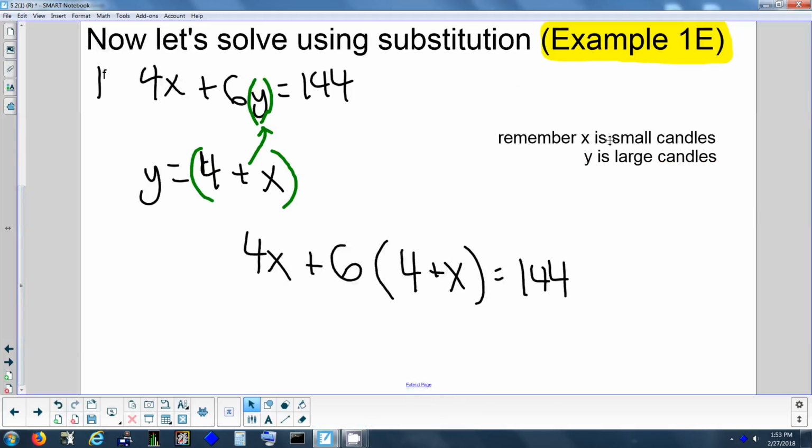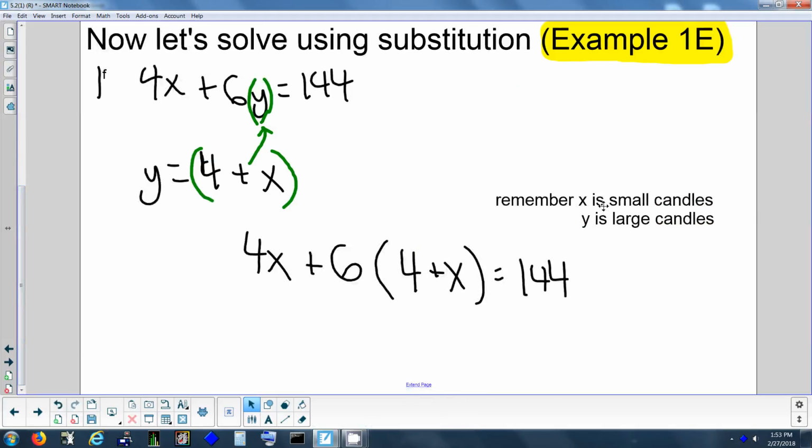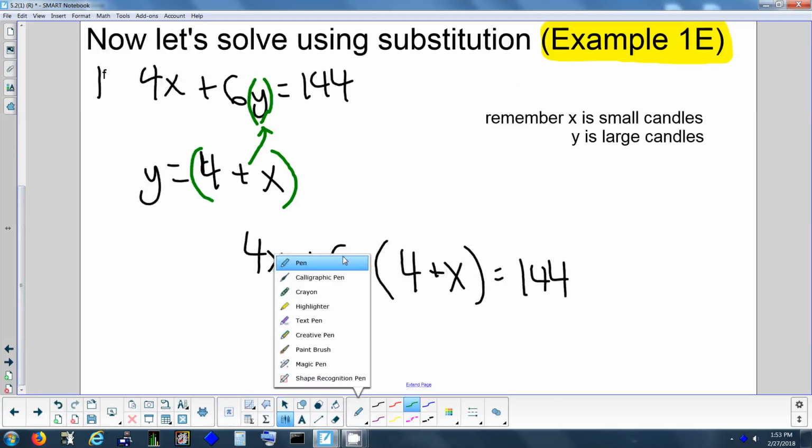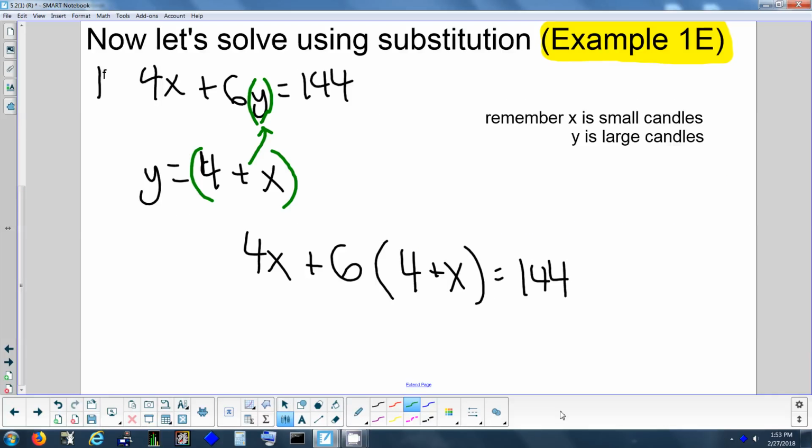I got to take something from the outside and bring it to the inside. What do we call that? Starts with a D. Distribute. So what number am I going to distribute? 6. Positive or negative? Positive. I'm going to distribute the 6 into the 4 and into the x.